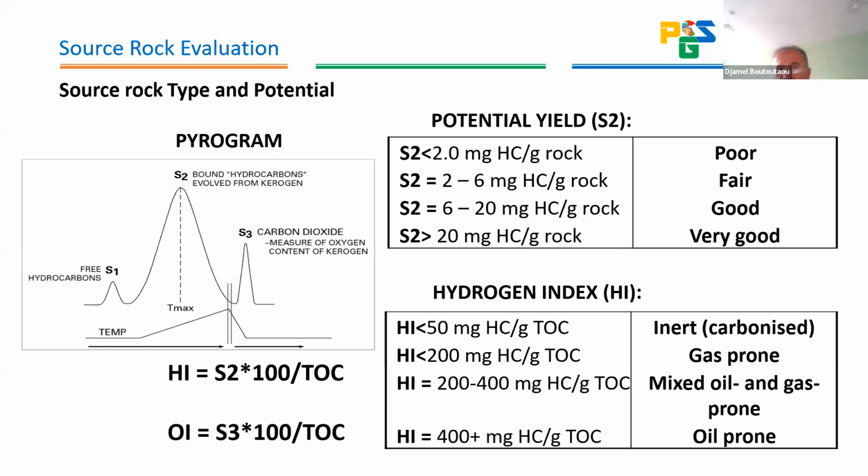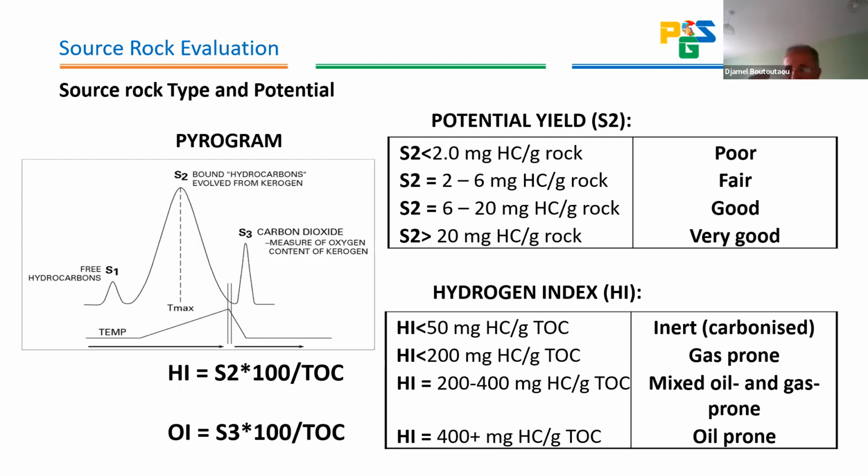The next step is, when you have samples with fair to good, excellent organic richness, you select them, and then you look at the source rock type, potential, and quality using a machine called Rock-Eval pyrolysis.